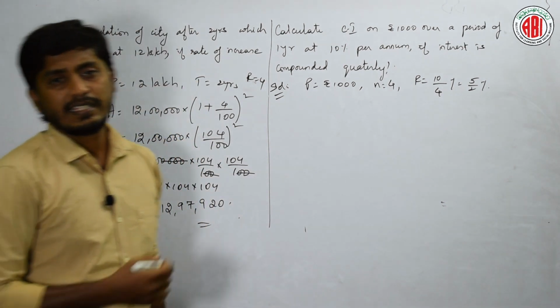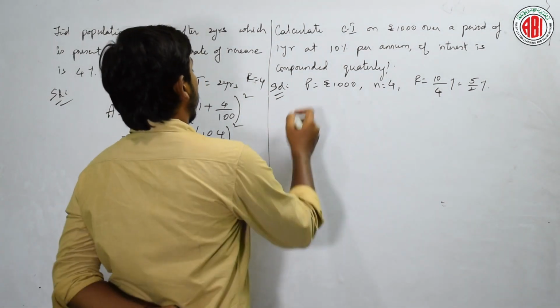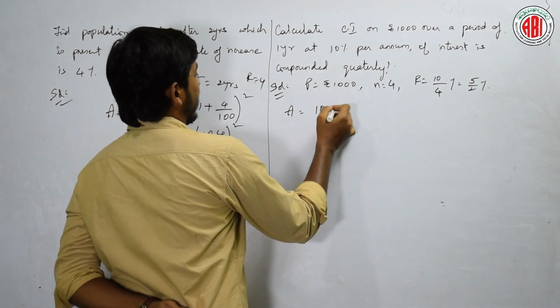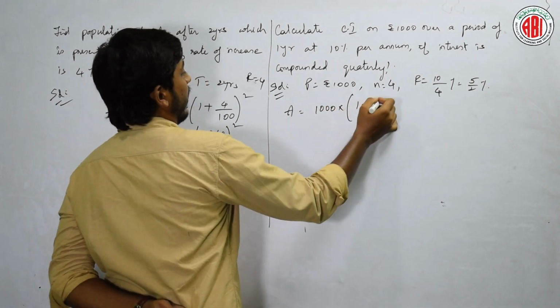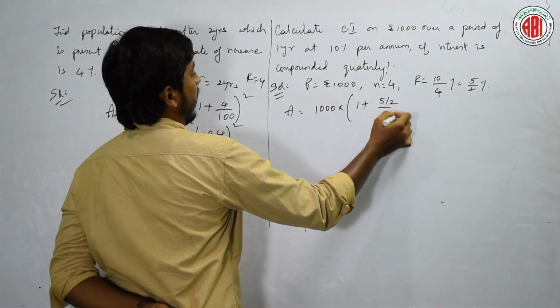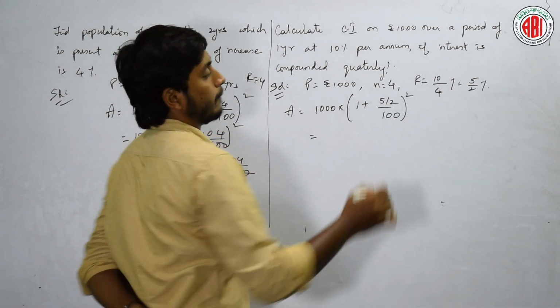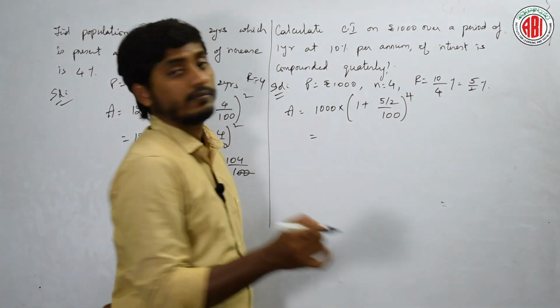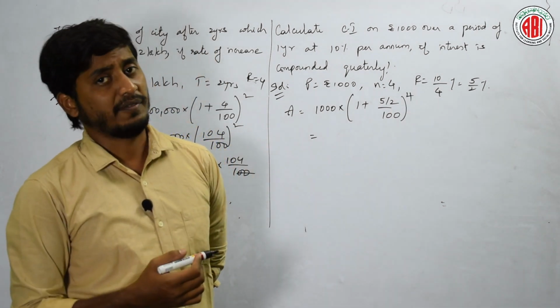Is it clear? Just substitute in the formula, that is amount equal to principal into 1 plus r by 100 whole power n, that is 4. Let us simplify that.